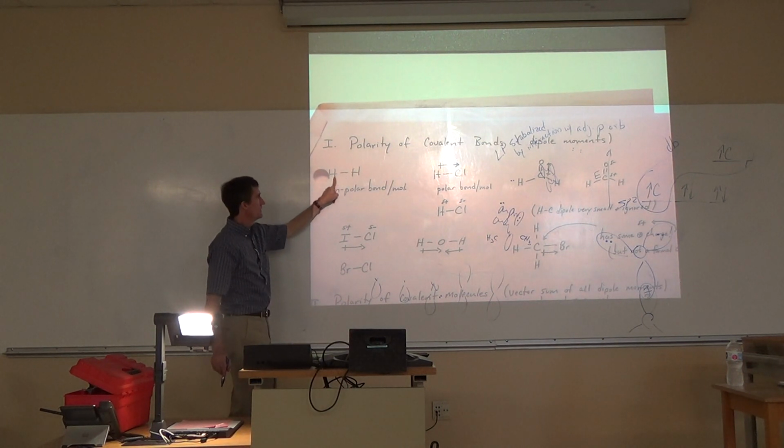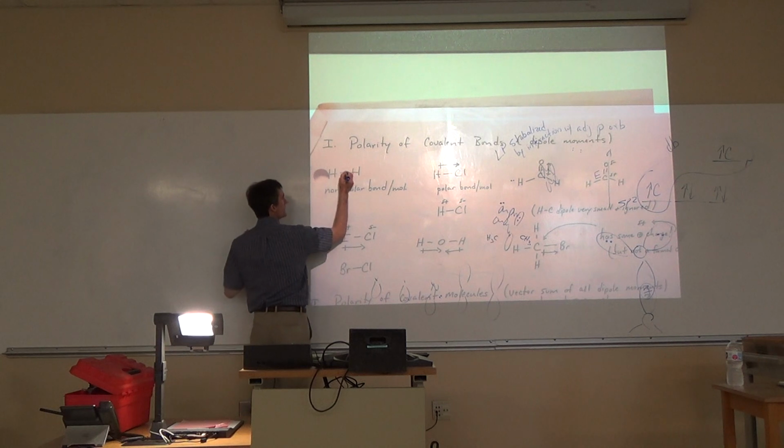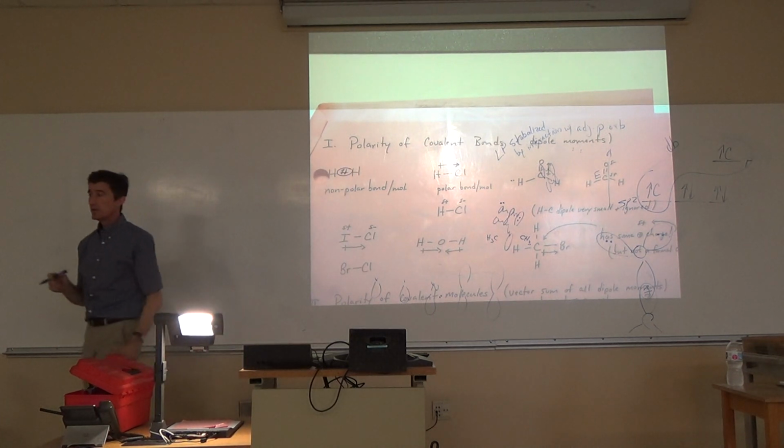Hydrogen, H2, would be an example of a non-polar covalent bond. All right, 2 electrons here, right? We can show this however you want to show it, arrows or something. 2 electrons sitting in there.